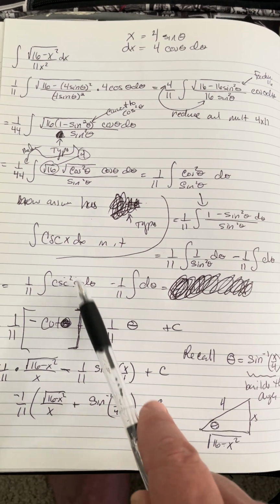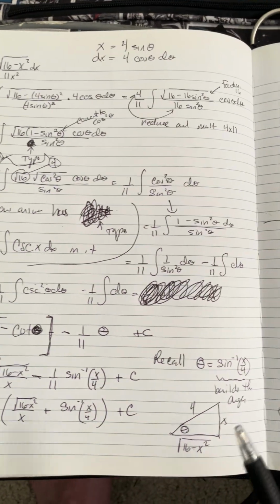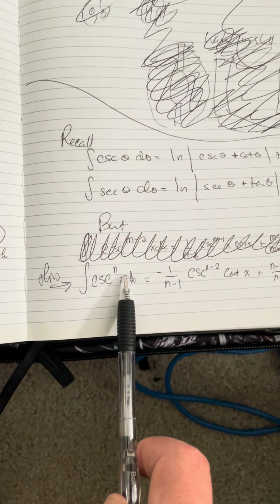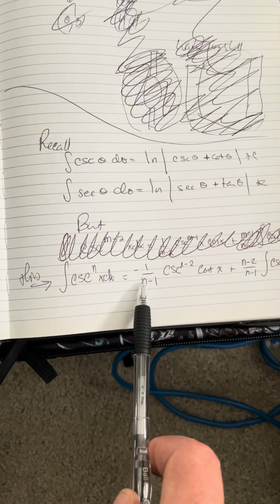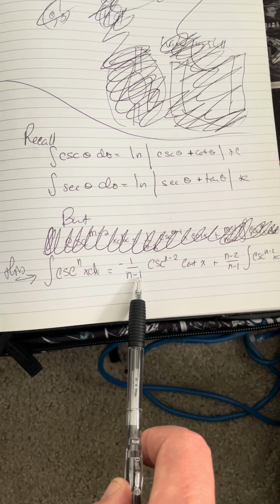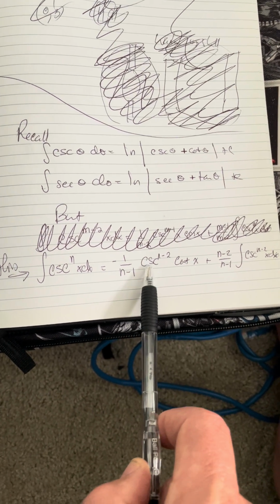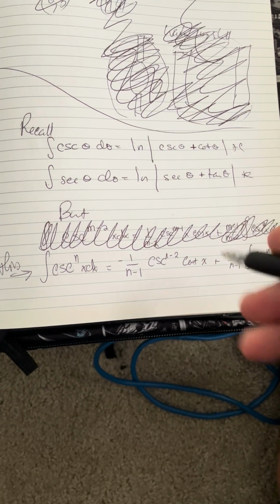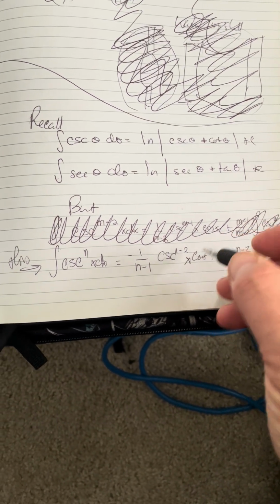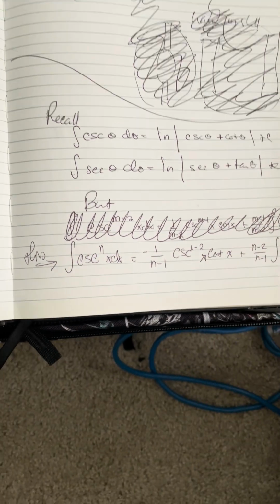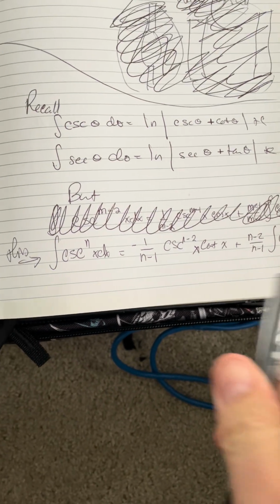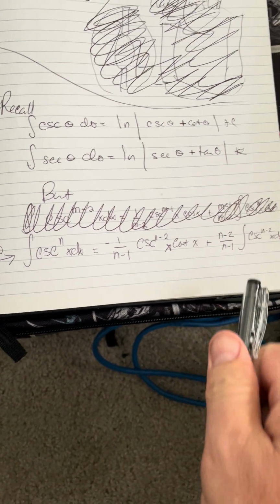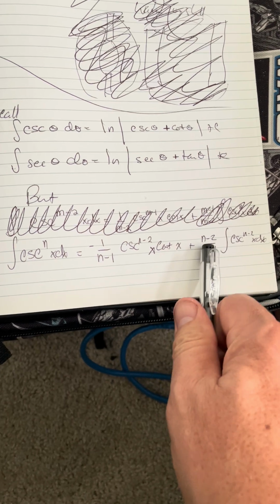I didn't need the reduction formula, but if I did do the reduction formula and thinking about this as a 2, well, this is negative 1 over 2 minus 1, which is 1. Cosecant of 2 minus 2 is the cosecant of 0, or cosecant with the exponent of 0. So that piece would become 1. So then I would just have the cotangent of x, and then 2 minus 2 is 0, so that falls off.